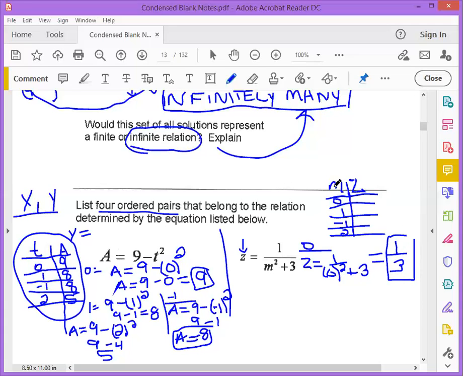So when m is 0, z is equal to 1/3. Next, we're going to plug in 1 for m.